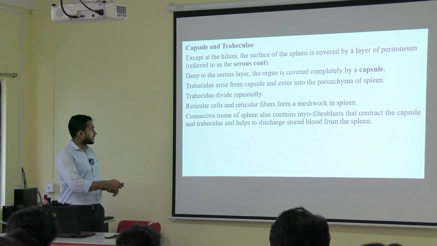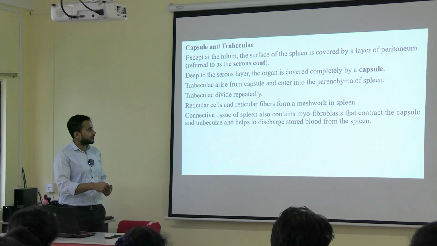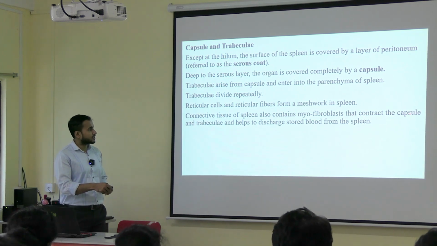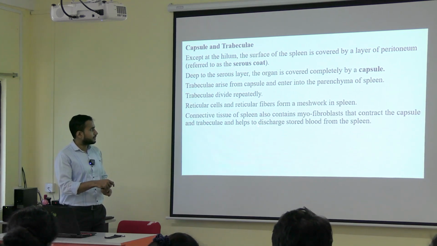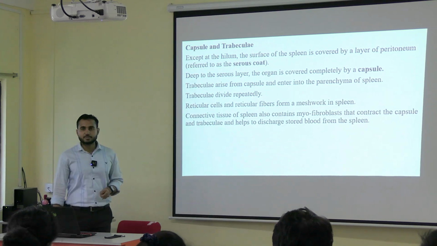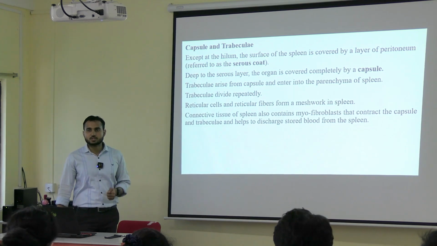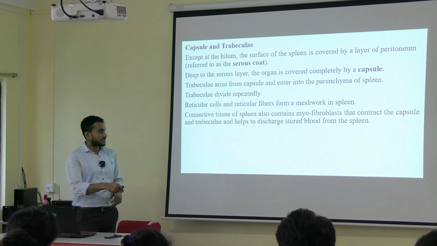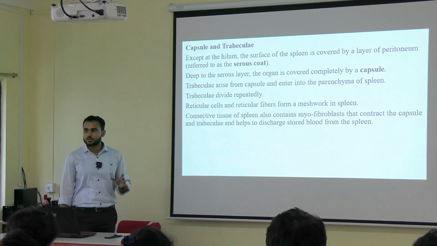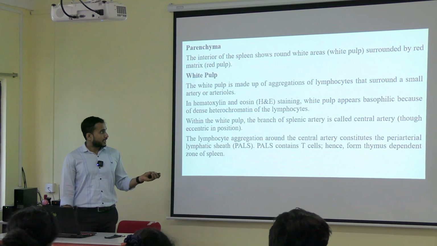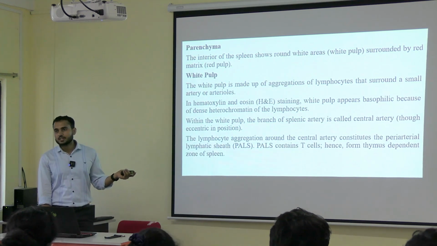Next, the connective tissue of the spleen contains myofibroblast cells that contract the capsule and trabeculae and help to discharge the stored blood from the spleen. This is also a very important function of the myofibroblast cells present in the capsule of the spleen.